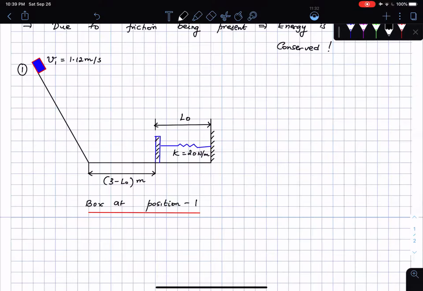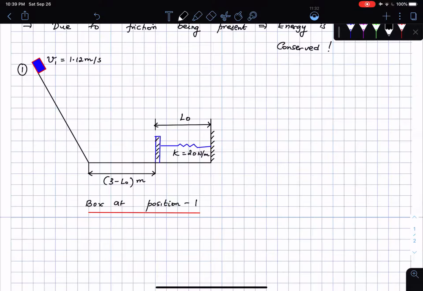So let's see. Let's imagine that this is the box that we're talking about. This box is now sitting here, and it has impacted the spring. You see that the spring has compressed by a certain amount. I'm going to say that the maximum compression of the spring is x maximum.